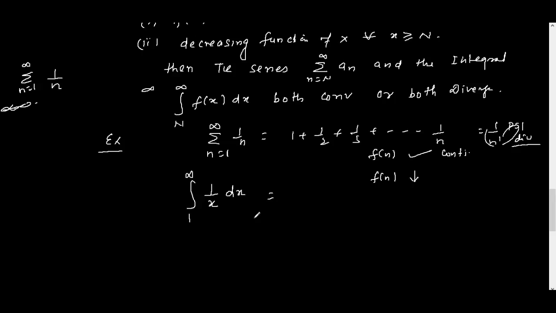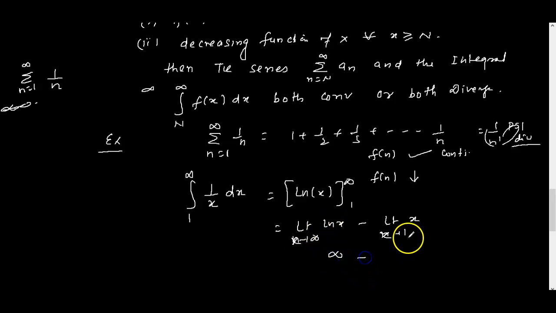The integration of 1 by x is ln of x, from 1 to infinity: limit of ln of x as x tends to infinity minus ln of 1. Putting infinity gives infinity, minus 1 gives infinity, so it is divergent.